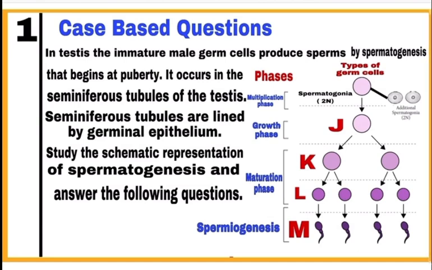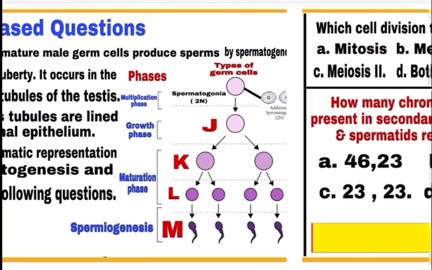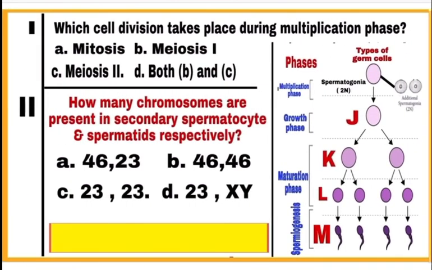It is the schematic representation of spermatogenesis. It occurs in seminiferous tubules of testes and begins at puberty. After reading this, now answer the given questions. Question number 1. Which cell division takes place during multiplication phase?